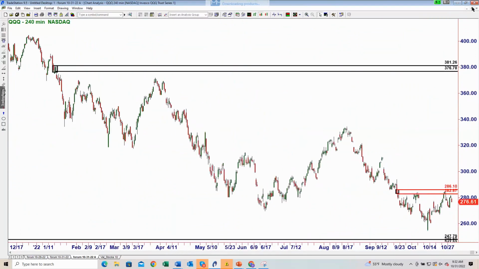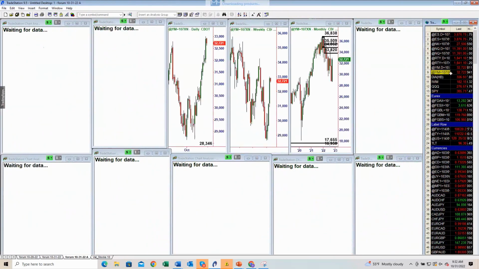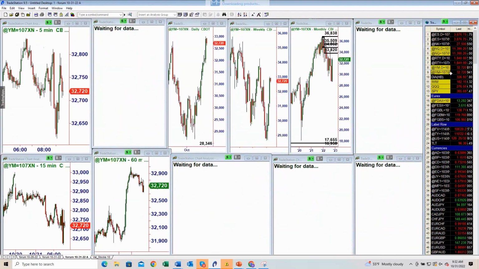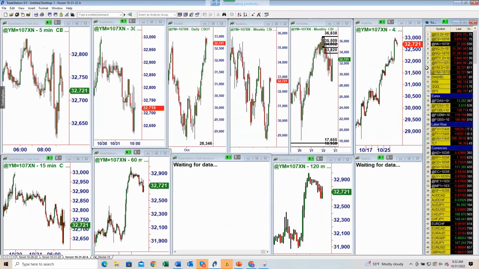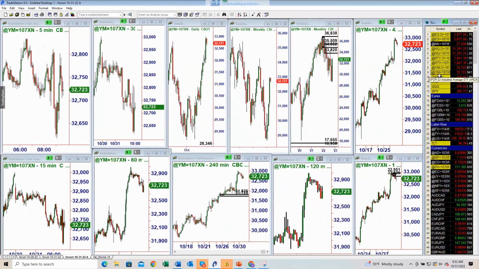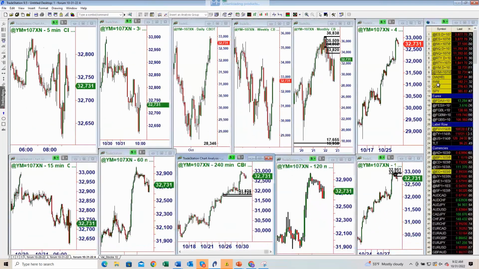The NASDAQ is the weaker of the equity index markets. Yeah, the NASDAQ is the weakest and the Dow is the strongest for sure. And if we go to the Dow ETF, we've just had strong rallies from the demand zones, and we don't even have qualified supply zones till a little bit higher.